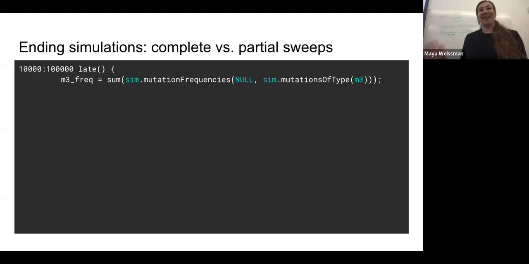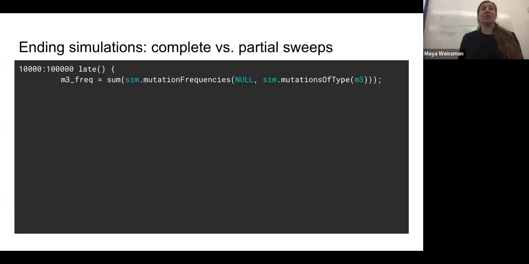Why am I doing it that way? Well, if you are allowing this mutation 3, or whatever your adaptive locus is called, to evolve multiple times through random de novo mutation, you're going to have a bunch of different M3 mutations because they originated at different times and in different individuals.